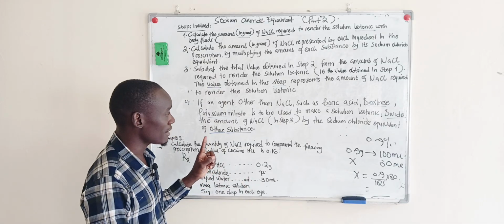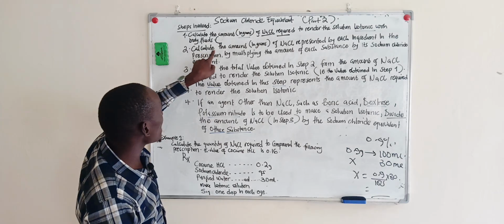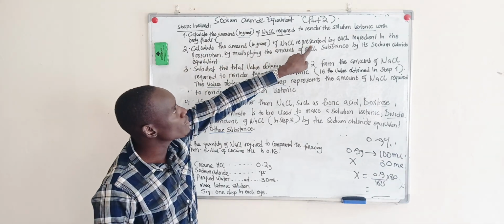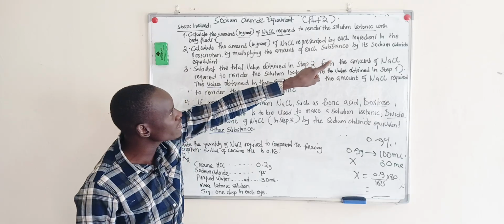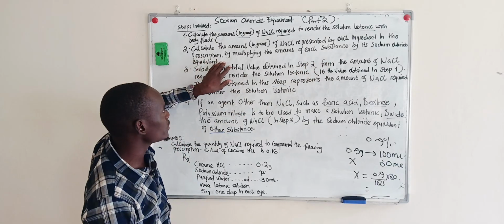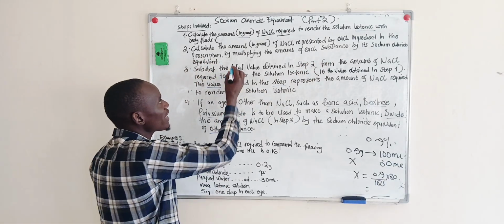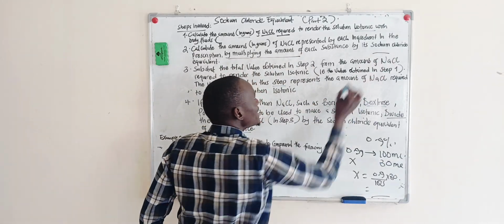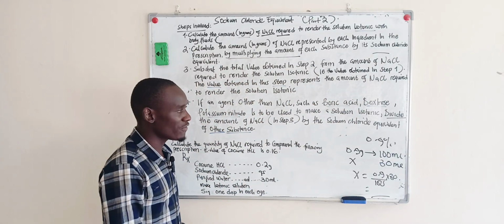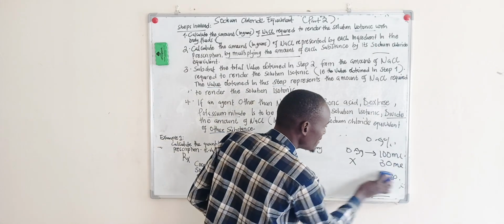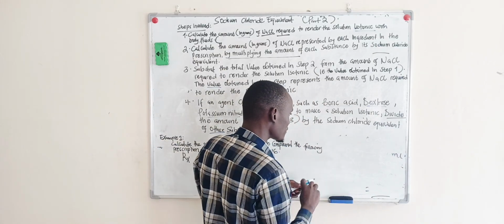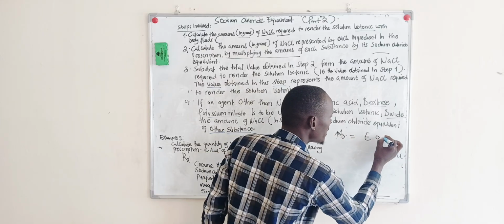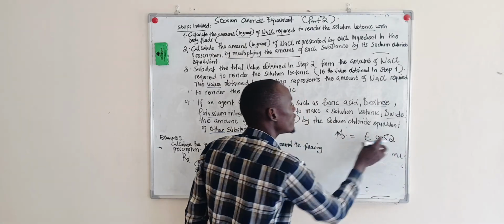The second step, we calculate the amount in milligrams of sodium chloride represented by each ingredient in the prescription, and we can obtain that by multiplying the amount of each ingredient by its sodium chloride equivalent. For example, like we say that 1% boric acid has got a sodium chloride equivalent of 0.52.